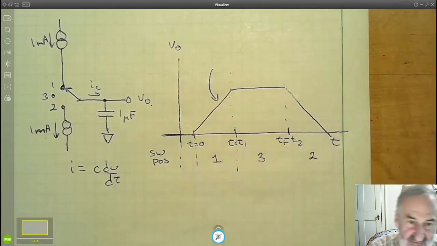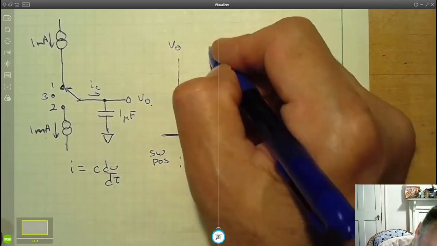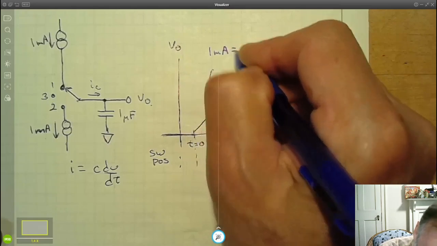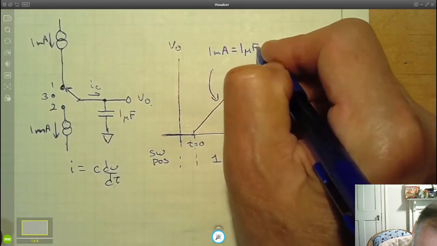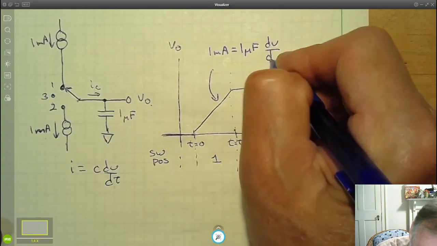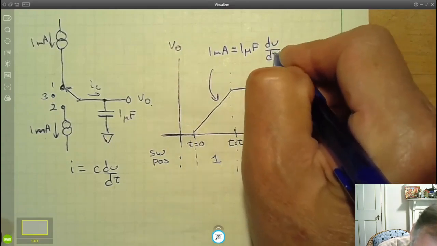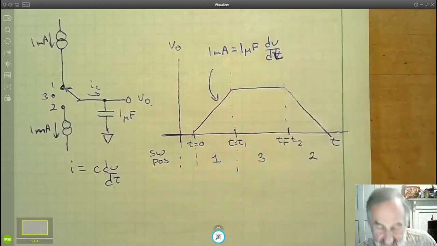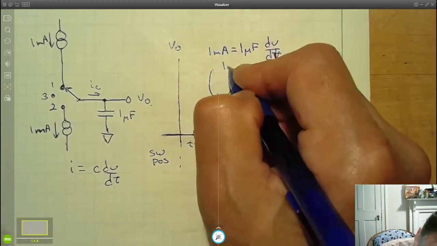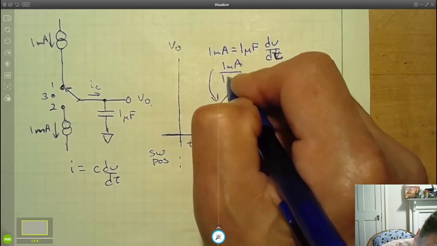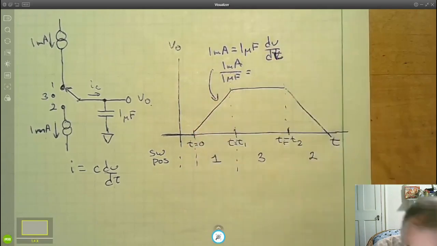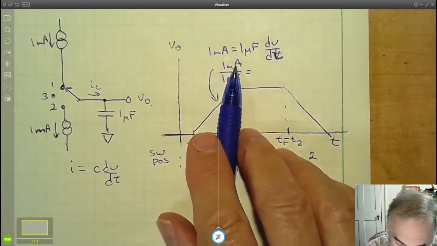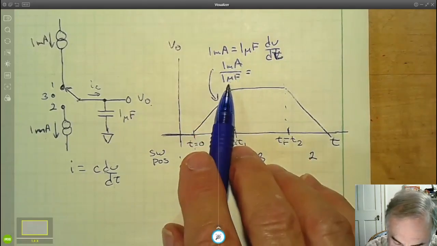Let's get ourselves a different color. We know that 1 milliamp equals 1 microfarad times dV/dt. We've got 1 milliamp divided by 1 microfarad. Well, that's 10 to the minus 3 over 10 to the minus 6.